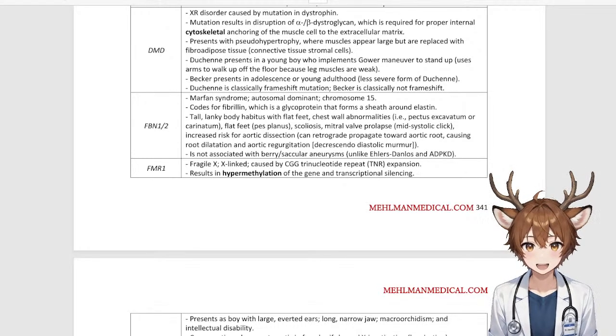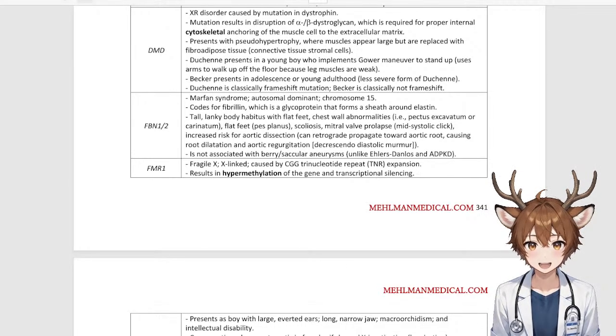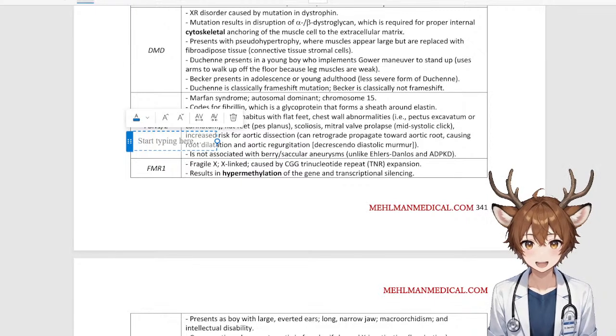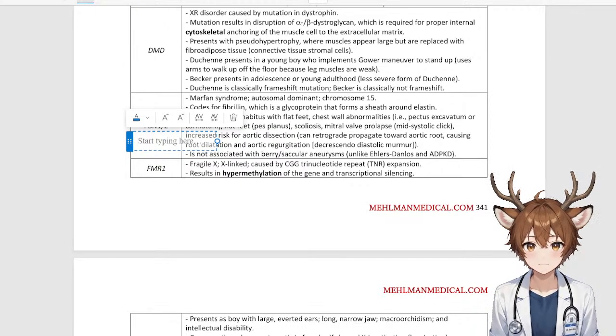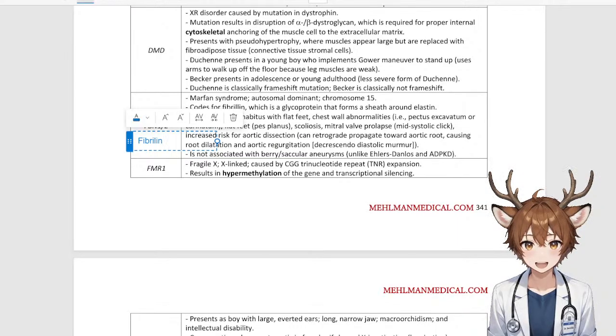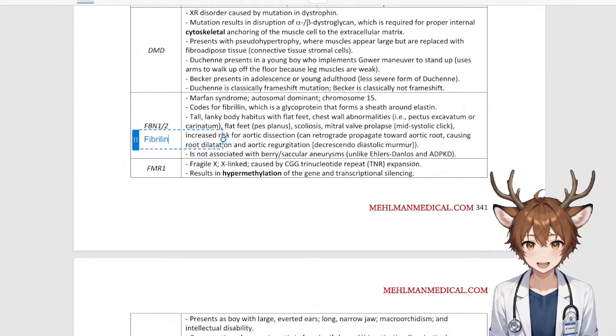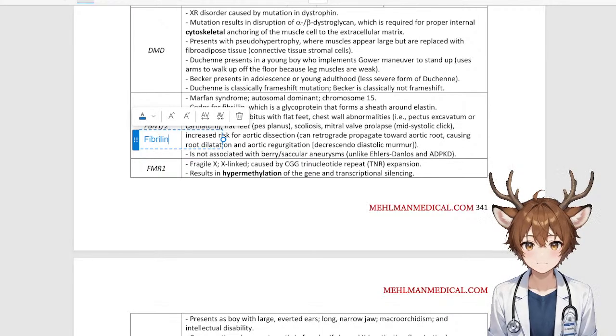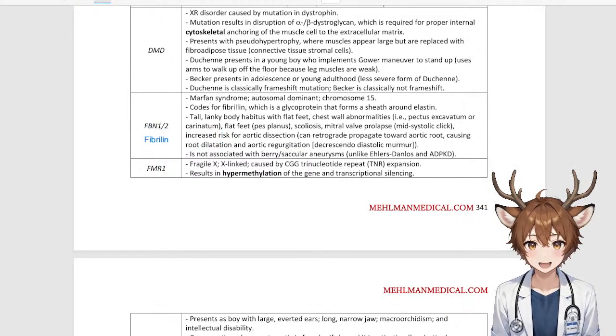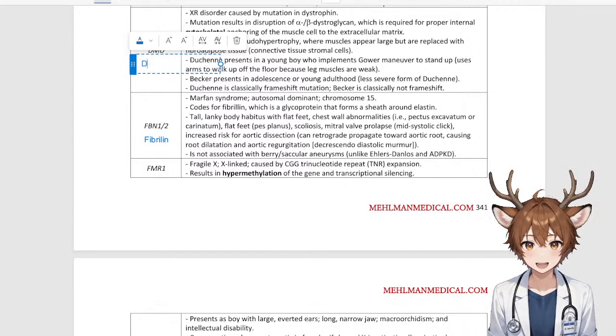So I will go and make a little note for myself right here. We're going to explain what the name means, why it's called that. So this is FBN1, so we're just going to put the word fibrillin here, and for DMD we're going to put Duchenne's.